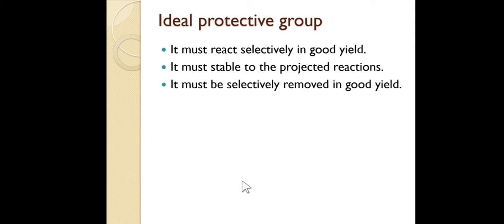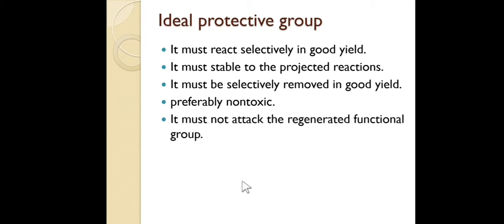Okay, we don't want that group to continue in our compound. Then preferably it should be non-toxic, but non-toxic only preferably, that means most of the chemicals are toxic either way, so preferably we take the non-toxic protective group. Then it must not attack the regenerated functional group.